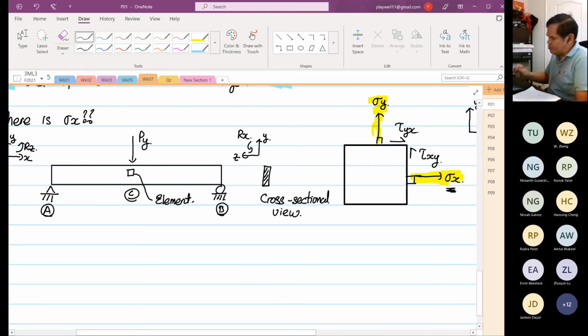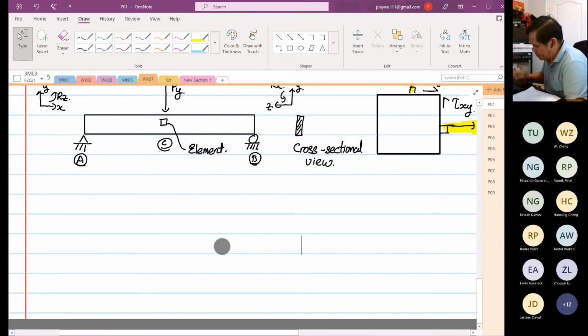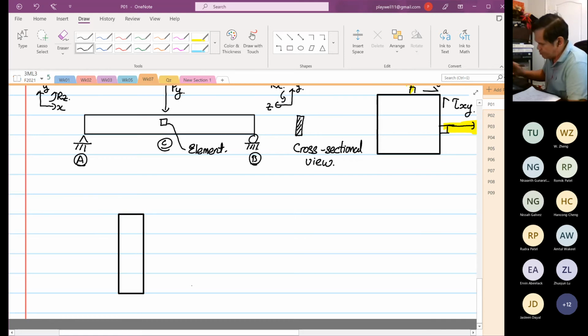If I were to expand our cross-sectional view now, this is our cross-sectional view, right?